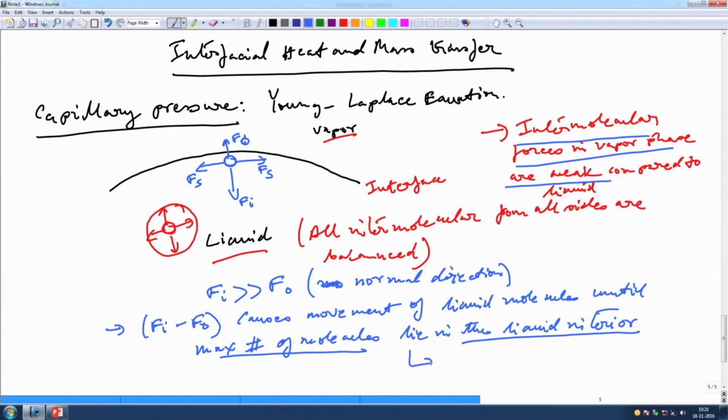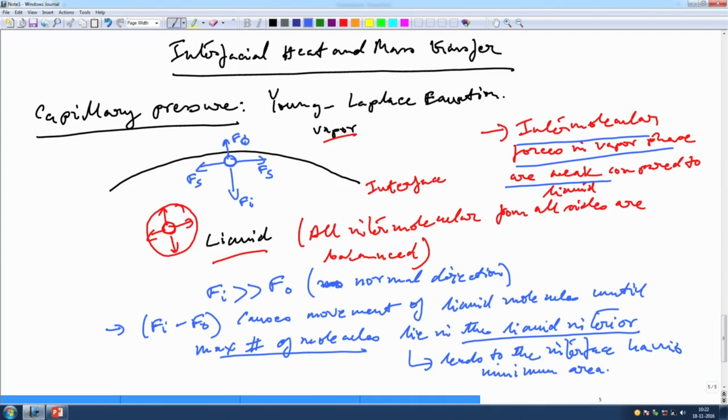And one ready result of this is that this leads to the interface having minimum area. You got it? So, this leads to the minimum area of the interface.